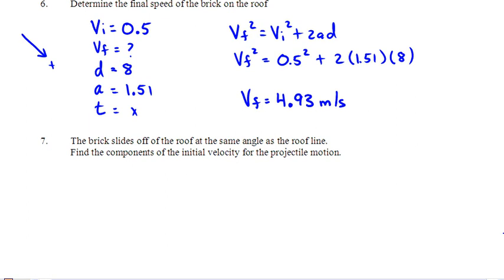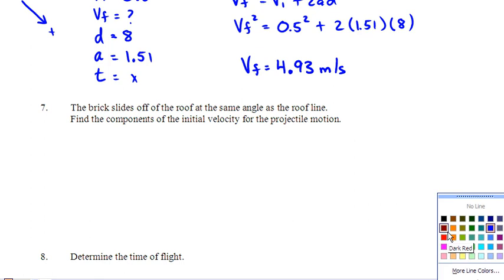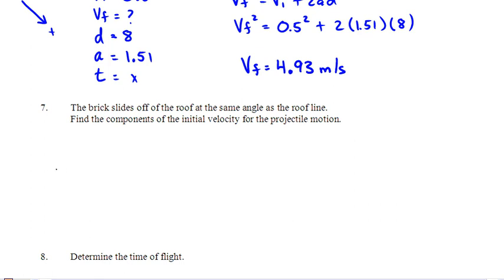And this brick is about to become a projectile, and that's what we're going to take a look at for number 7. So we want to get ready to do our usual projectile table, that vertical and horizontal table. I want to take that 4.93 number and rip it apart into its components, because you see the bottom corner of the roof down in the soffits, or whatever they call it, when that brick is about to come flying off. It's coming off like this.